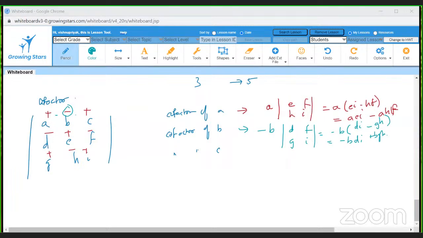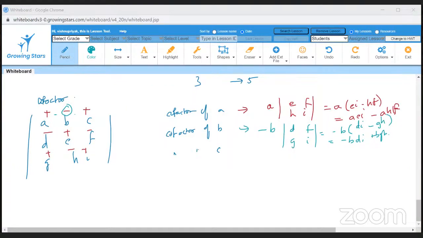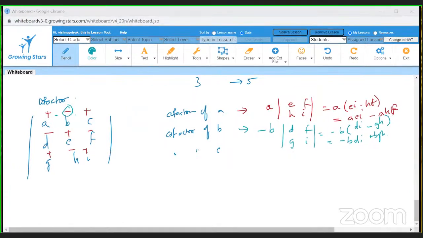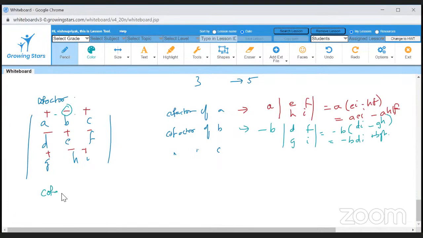After finding the cofactors, you can write the cofactor matrix. How will you write the cofactor matrix?